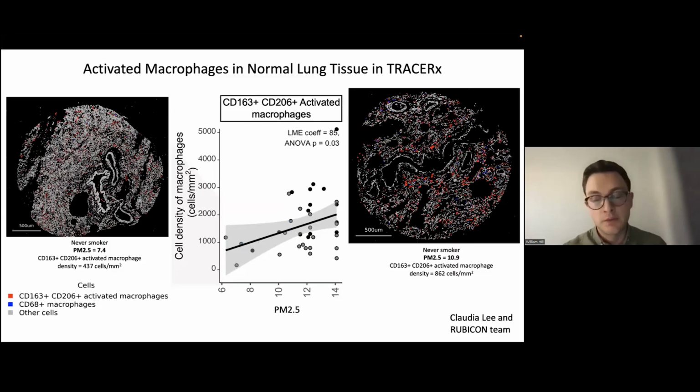And we looked at a range of different immune cell types. And surprisingly, what we found was actually the phenotype of macrophages within this normal lung tissue of people is associated with the levels of PM2.5 at the postcode level of which these patients live, possibly suggesting that macrophages are a key responder both in the mouse and in humans.